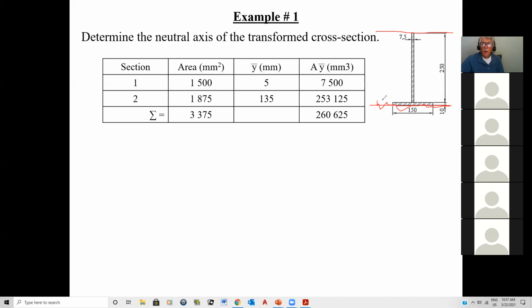Now, would I be able to take it right here? If I take it right there, what's the consequence of me taking it there?